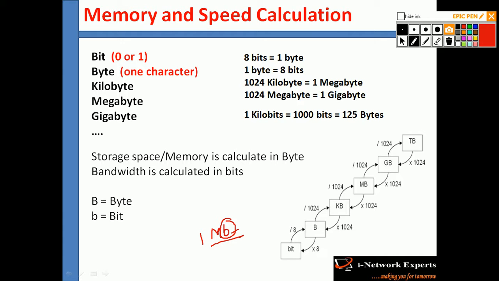So how would you calculate 1 megabit into bit? The formula is bit, there is no concept of byte here so I will not write byte, then kilobit, then megabit.